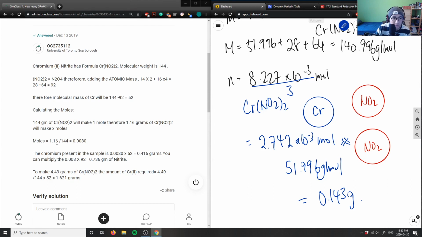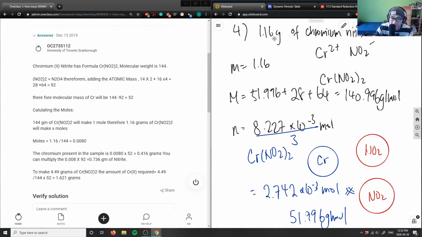Moles is 1.16 divided by, so this here is correct, and the moles of chromium in the sample times 52, 0.082 times 0.41 times 52 gives 0.416. So they have the moles here, and they're actually just converting it back using the molar mass.